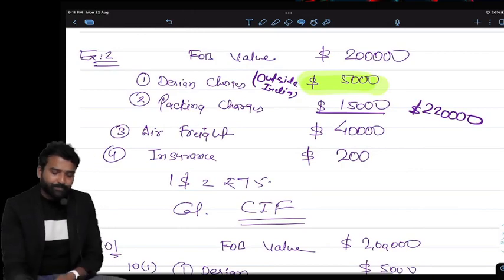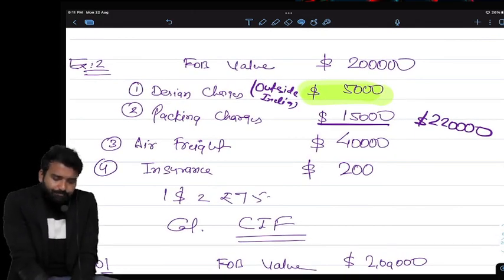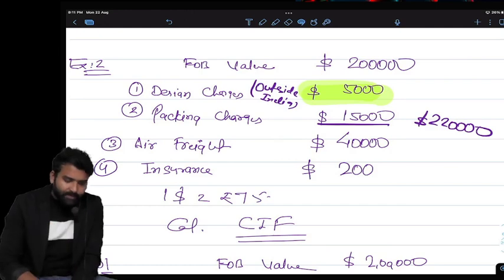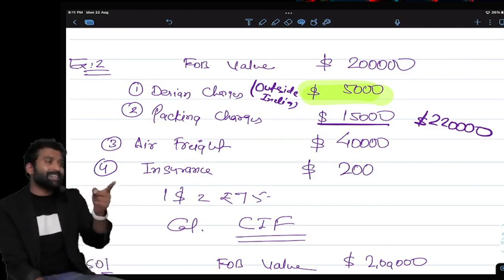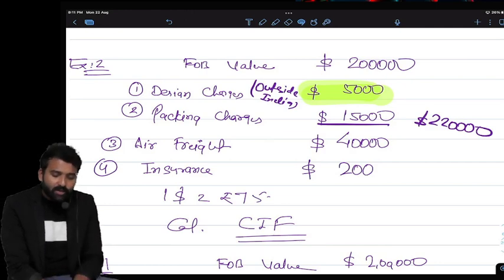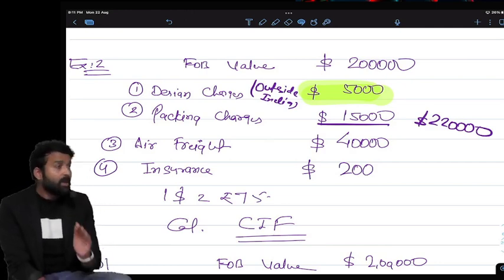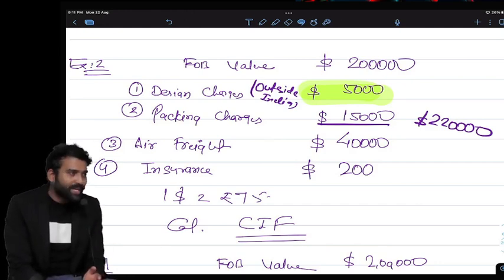Example second. FOB value given is $2 lakh. Designing charges outside India paid. Tell me, will it be included or not? Included. Packing charges and other charges in point 7, included. So now $2 lakh plus 5,000 plus 15,000, my adjusted FOB is $220,000. Now the question is, my air freight is $40,000.